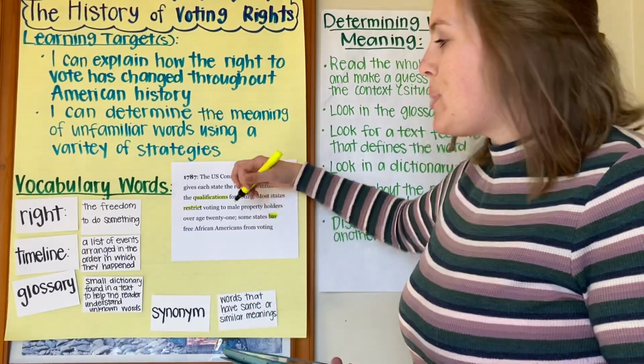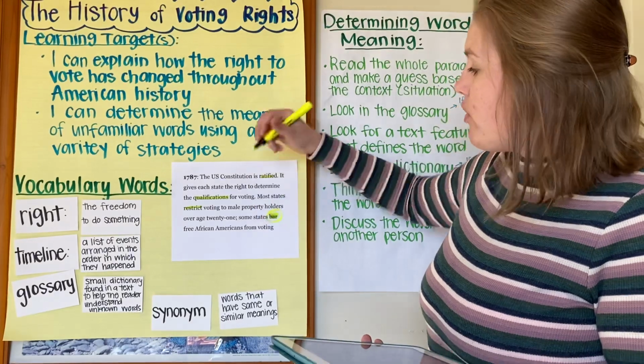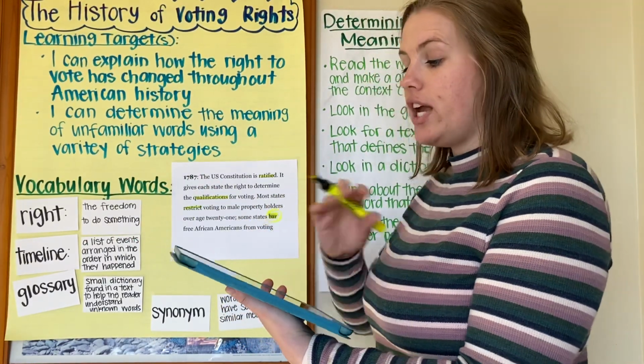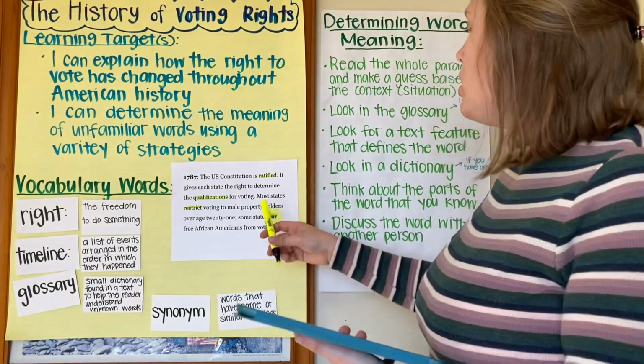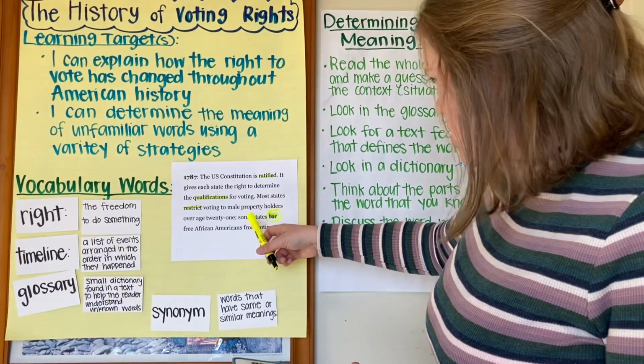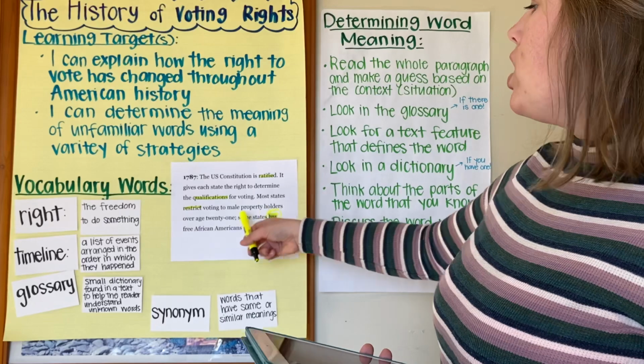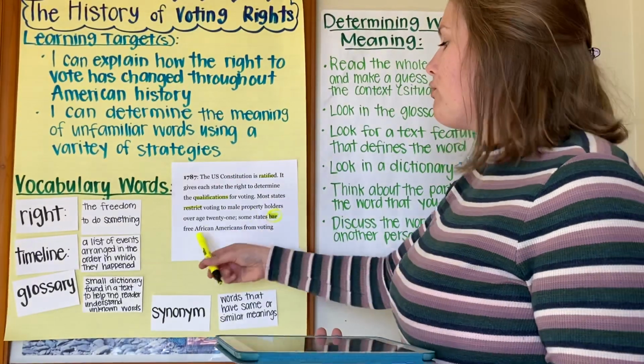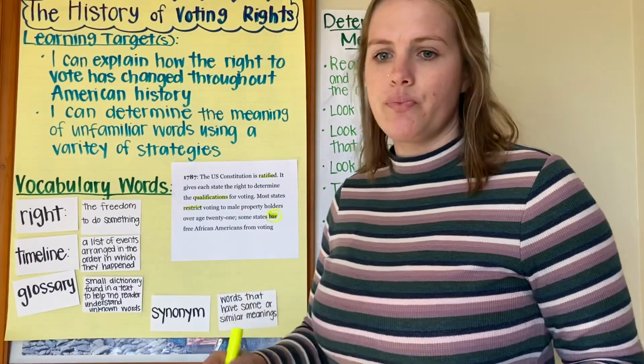Some states bar, we've already figured out this word, but it's also in the glossary, bar. They don't allow or prevent. Most states restrict voting. Some states don't allow or prevent free African Americans from voting.